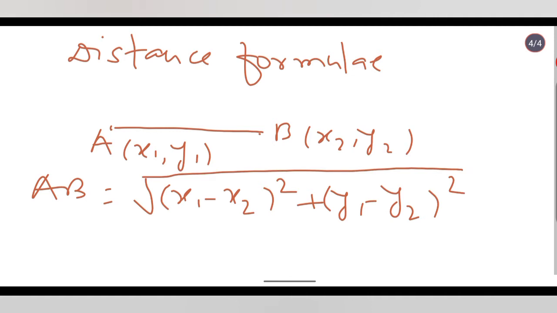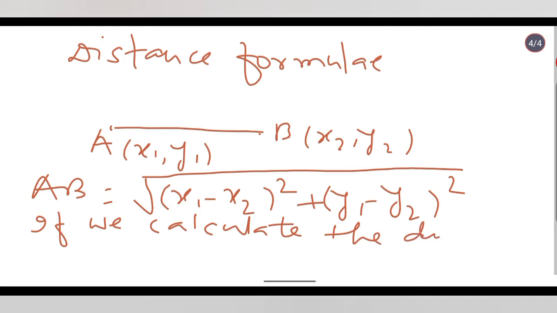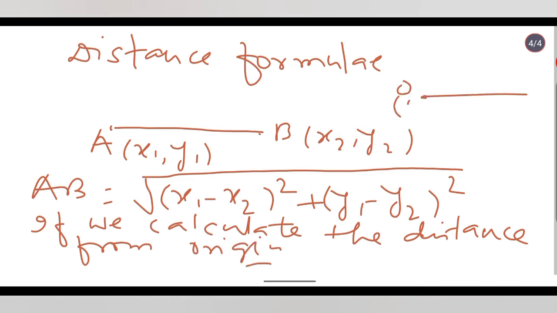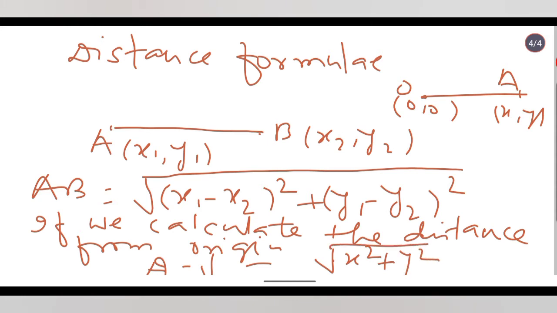If we calculate this distance from the origin, the origin O will have coordinates 0, 0 and A will have x, y, so the distance D is given by the square root of x square plus y square.